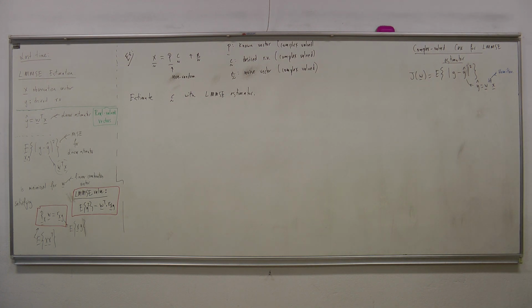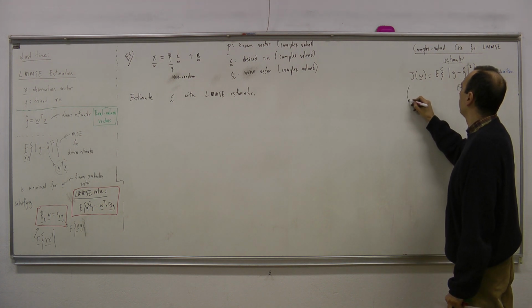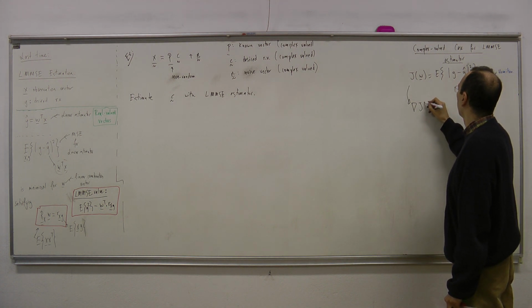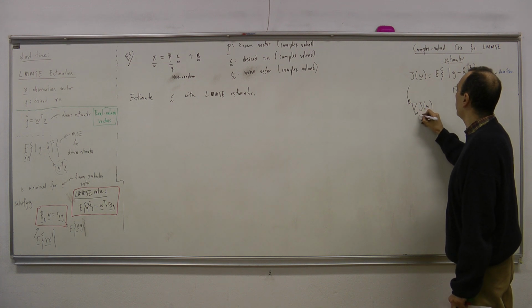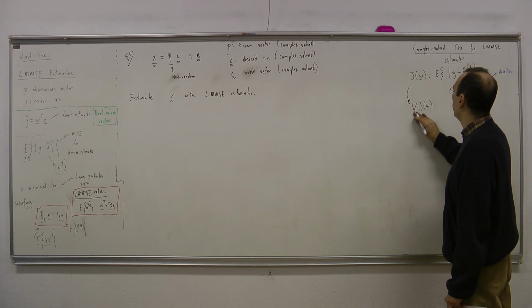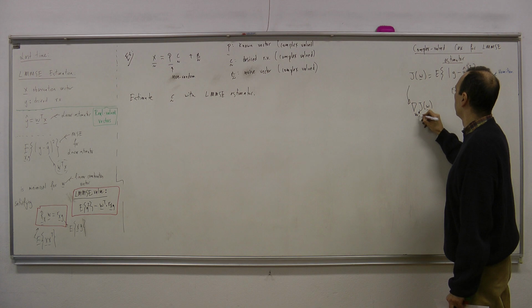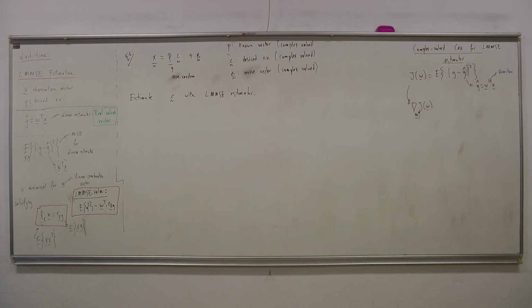Now I would like to take the gradient of this with respect to the conjugate of the weights. Previously we discussed this a little bit. What do I mean by this?